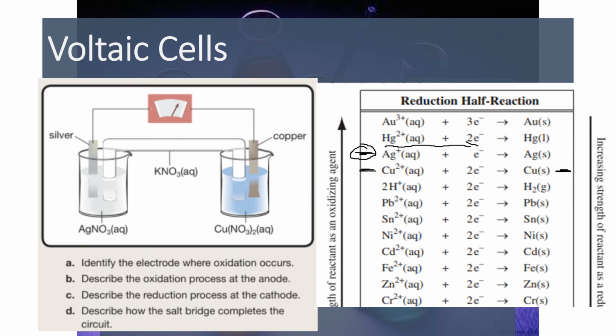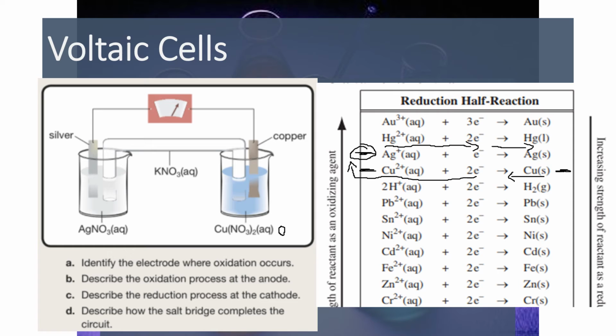I need them to gain these electrons and to go through reduction to become solid silver. I need my copper to go this direction, I need it to lose these 2 electrons and keep flowing to make the ions, and then it goes up this direction and I get my flow of electrons. So what that means is my copper is oxidation.